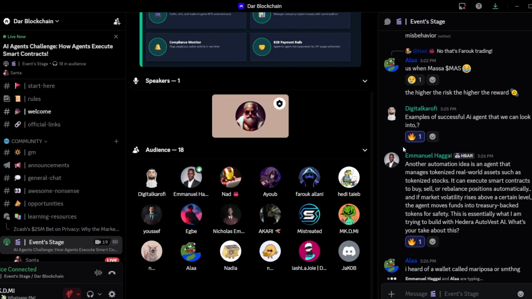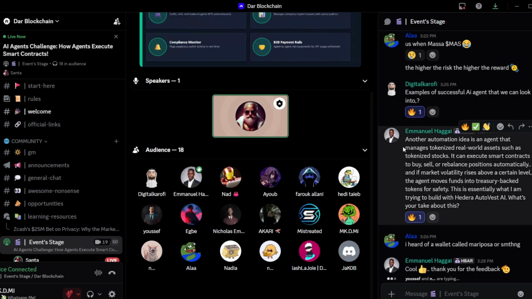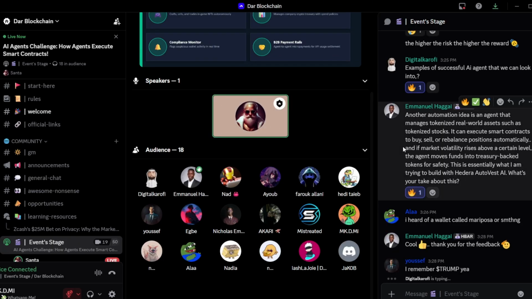Do you remember the Trump token? For the majority of people, when it happened, they were sleeping, because there is a big gap between the US and us in the time zone.